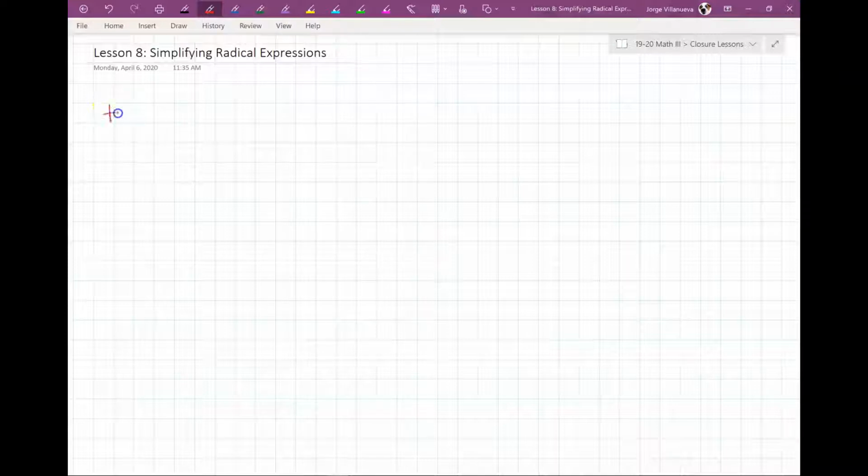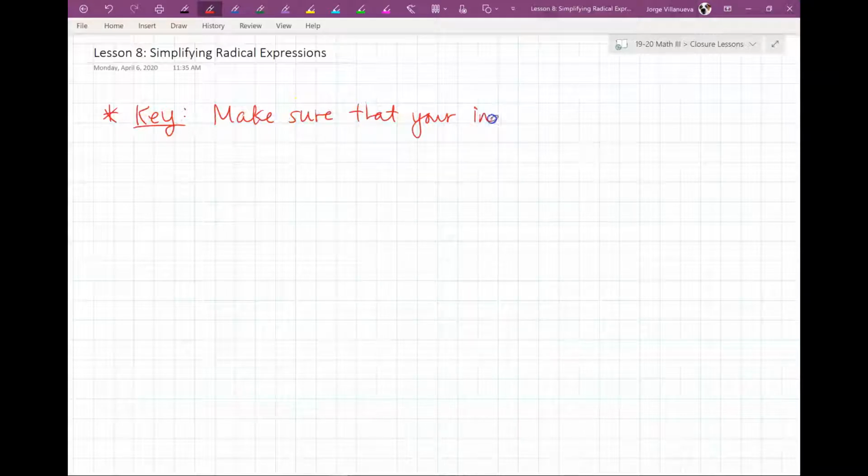So right here, the key to this lesson: make sure that your index, now if you remember your index, that was the letter N, okay? Your index matches your power.